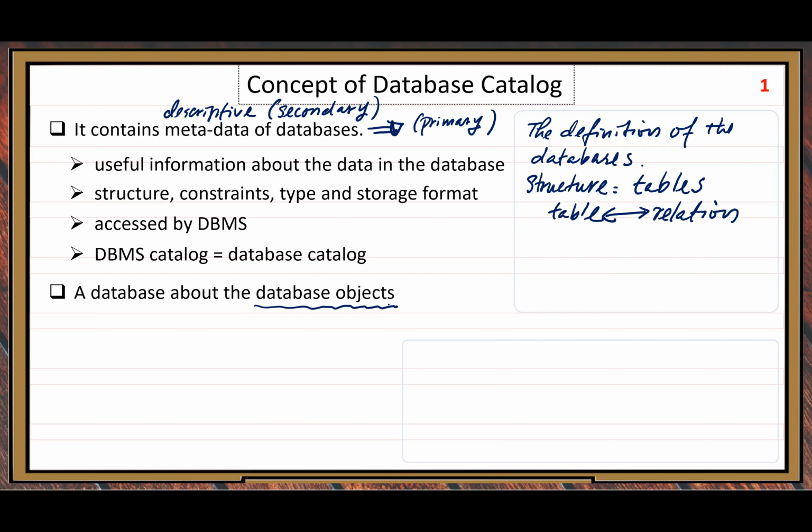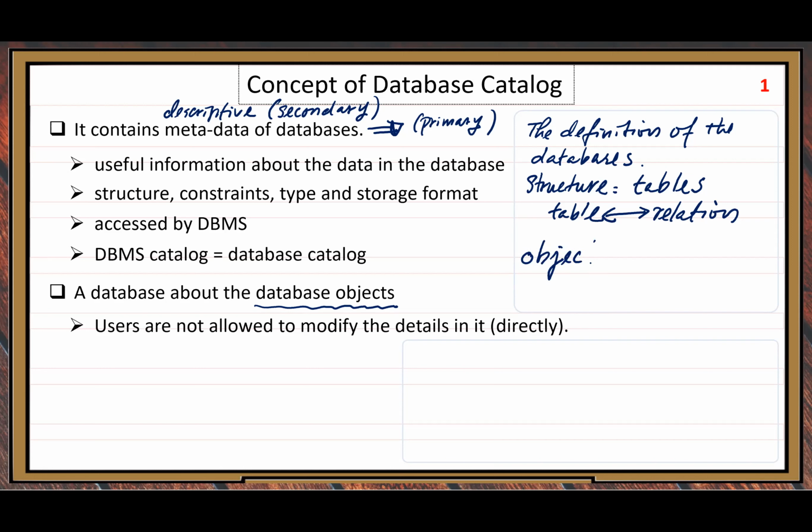Database objects here. When we talk about objects here, before we go deeper, let me explain the meaning of objects. The first meaning, ordinary object.